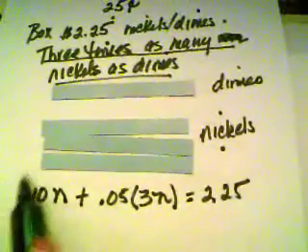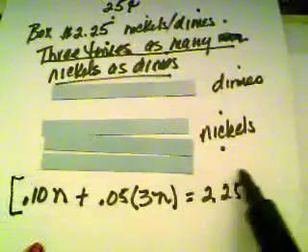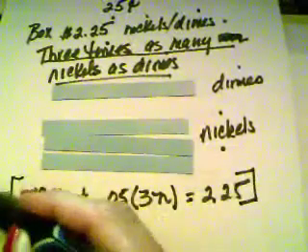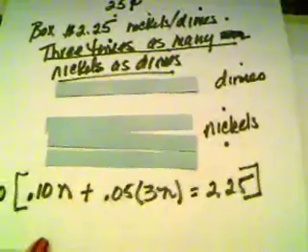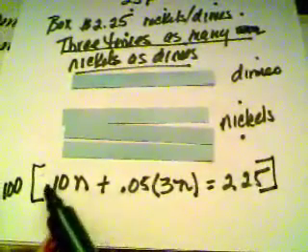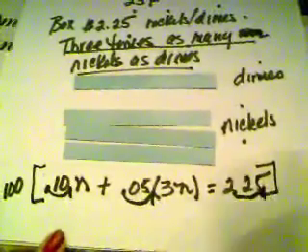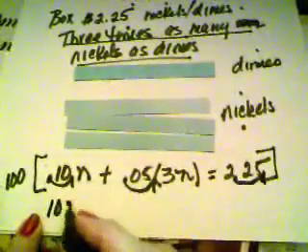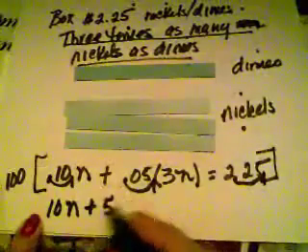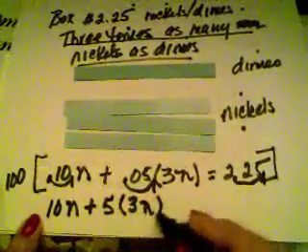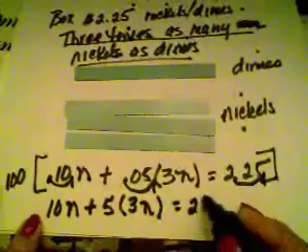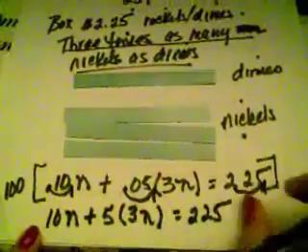Now we have a rule. If we have decimals, we can multiply by 100, and that moves the decimal right 2 places, and we now have an equation with no decimals, and it looks much more friendly.